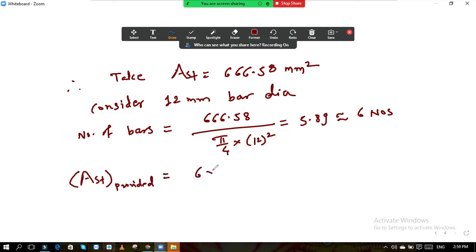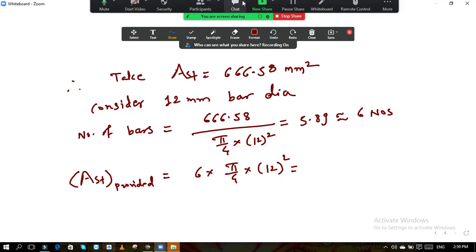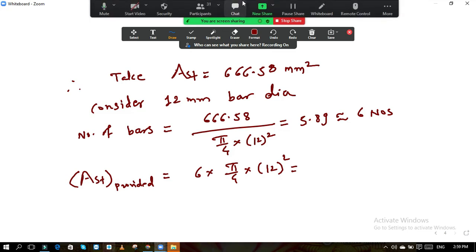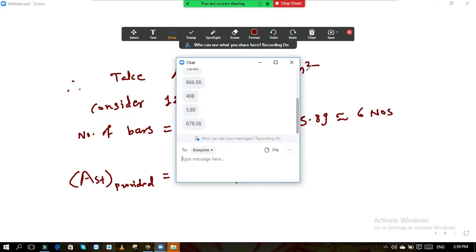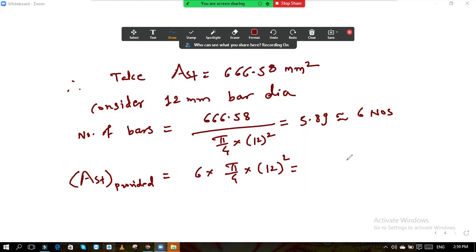AST provided 6 into pi by 4 into 12 square. 678.58. Okay. 678.58 mm square.